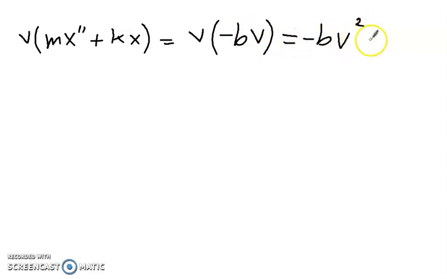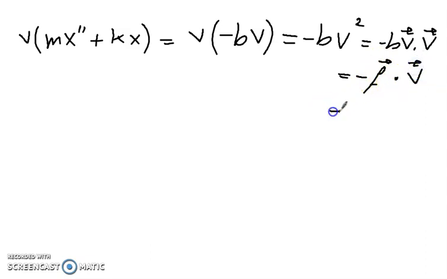What is this? This is minus bv vector dot v vector. So what is this? This is the friction, or dissipative force, dot v. But this is the power of F, the power of this dissipative force.